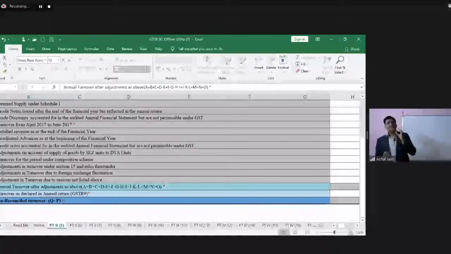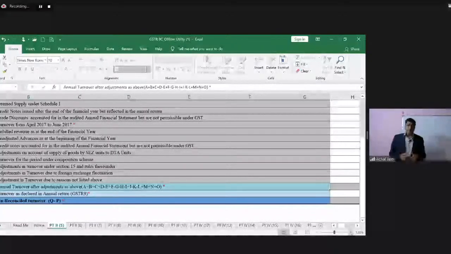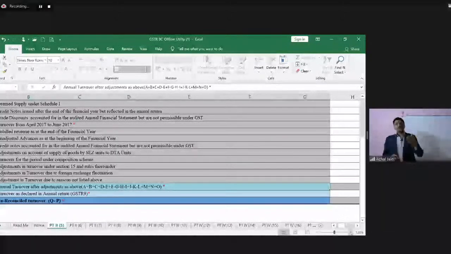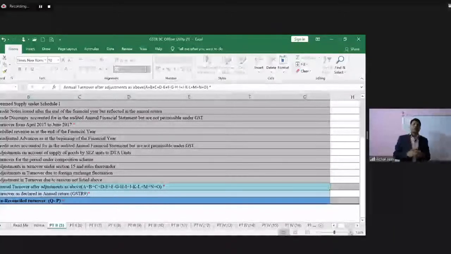So when this GSTR 9 would have been filled, all of these reconciling items would also have been filled. Now, as a next step, the GST auditor would verify these reconciling items. So if any number has been reported, let's suppose under credit notes or under trade discounts, all of these amounts will then be audited by the GST auditor.